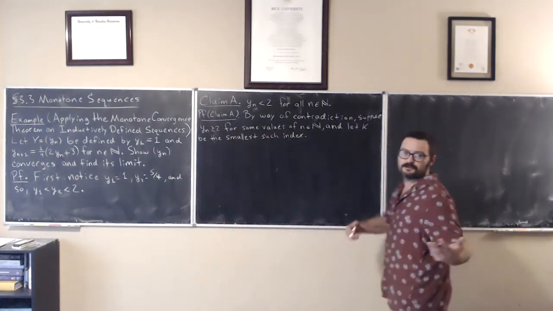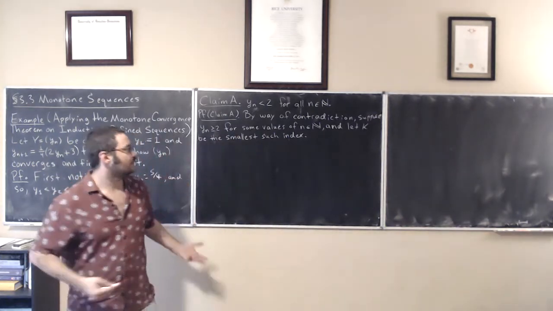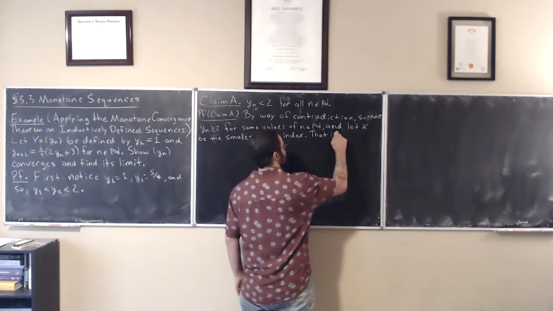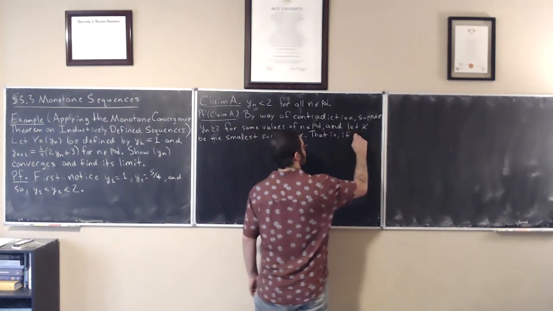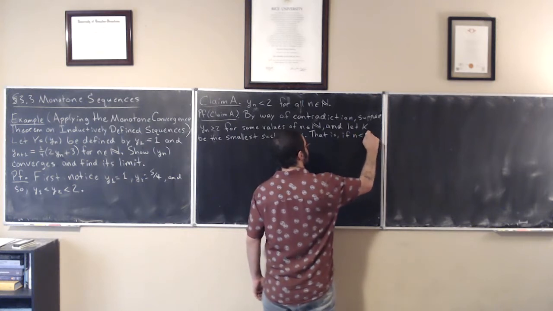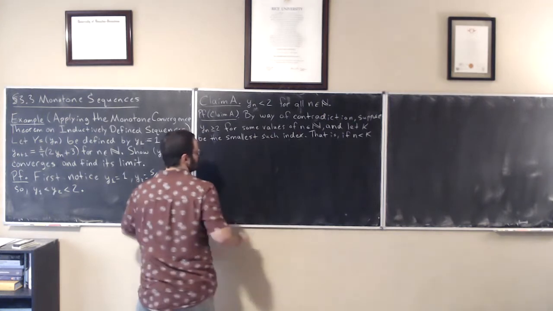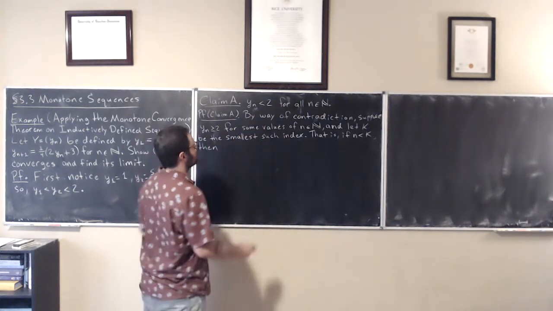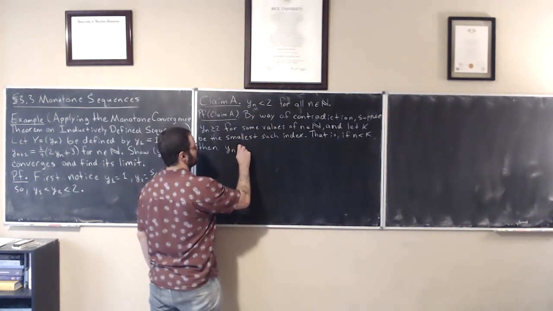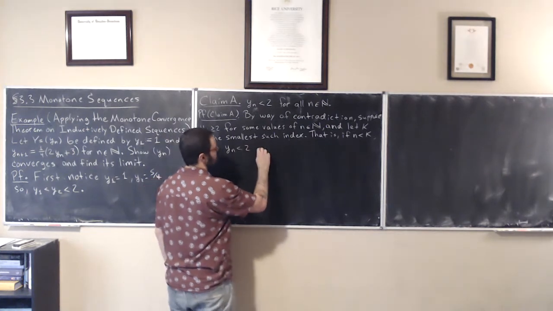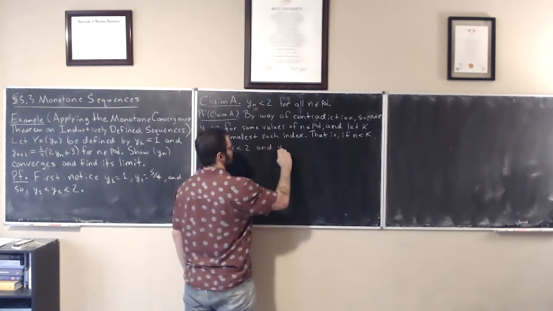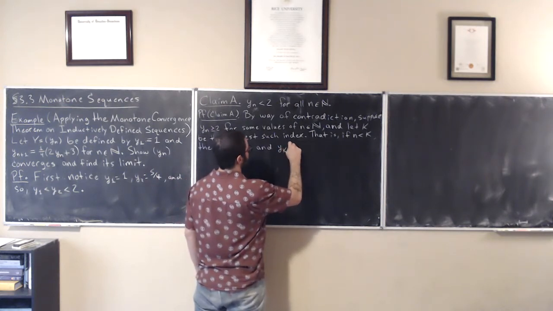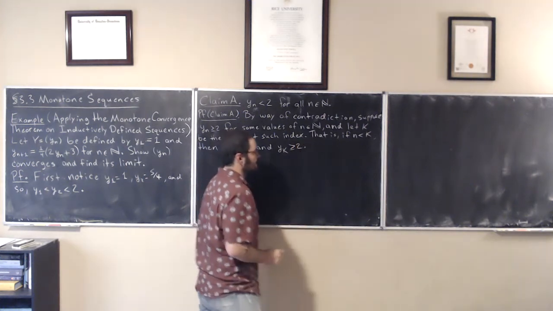Okay, now just to clarify it again in writing to the reader, I'll add an extra thing: that is, if n is less than k, then it doesn't break that bound and yn is less than 2, and of course, yk is going to be greater than or equal to 2.